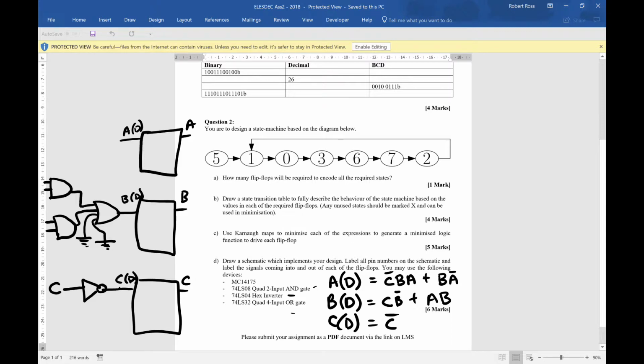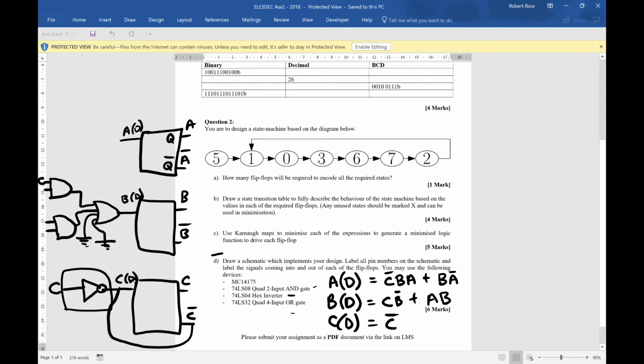Then we have, what have we got? Generally out of these, we'll also have a not C signal, a not B signal, and a not A signal as well, because D flip-flops give us a Q and a Q bar output. So this one here, we could have actually gone straight from here. That's the other way to do it. So what we can then do is we're doing this one.